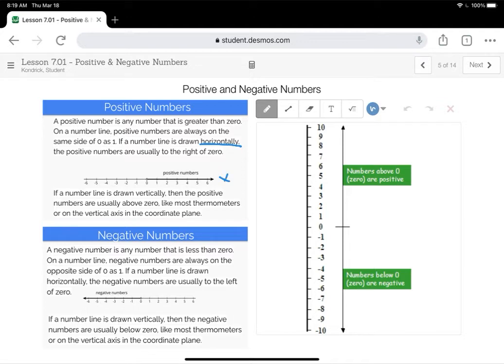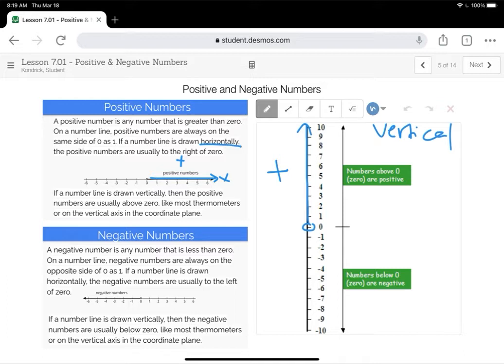And all of our positive numbers are anything to the right of 0. On a vertical number line, which is just like this over here is vertical, all of the positive numbers are above 0. So we have our positives over here going up and our positives going to the right.